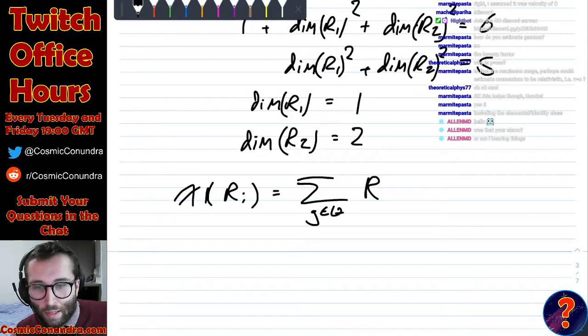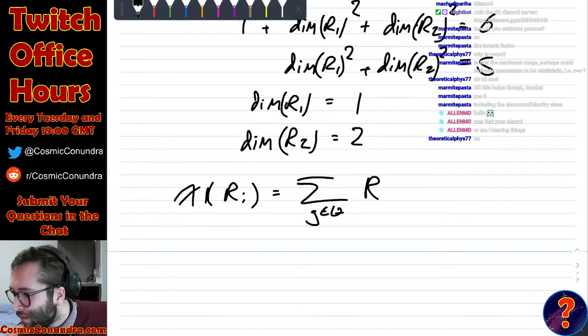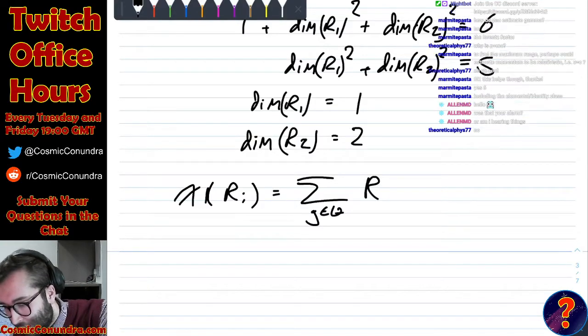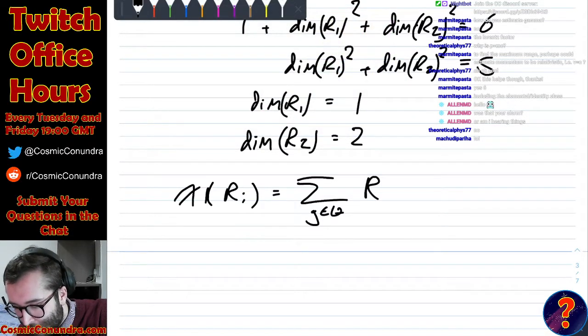My mind has gone blank. What was I doing? Oh, we were finding these characters. So the characters are the trace over the representation matrices.